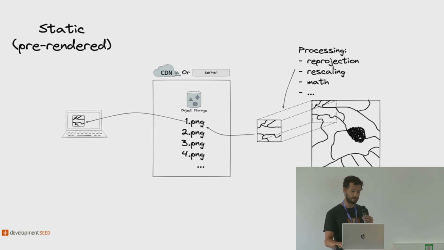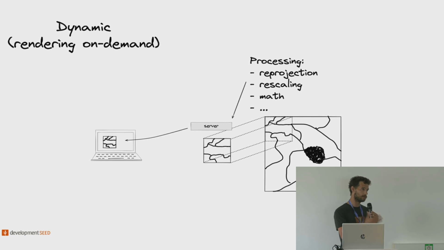While with dynamic tiling, you give the power to the users. They can decide what they want, how they want the data to be represented. And then as a data provider, you do almost nothing. You just put the data on the cloud storage and put a proxy server on top.